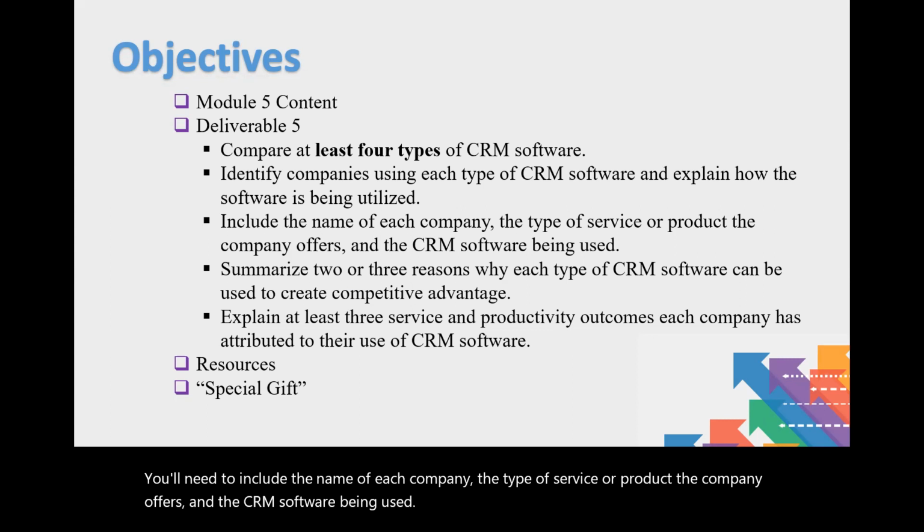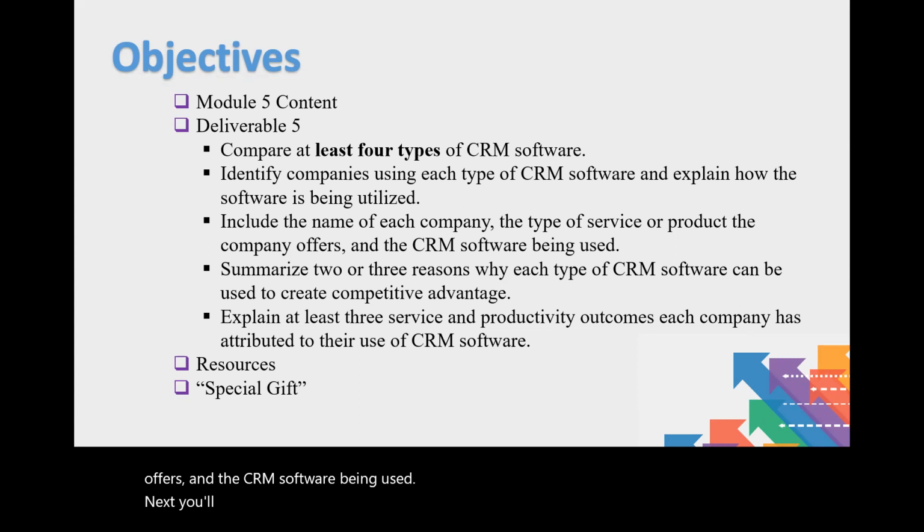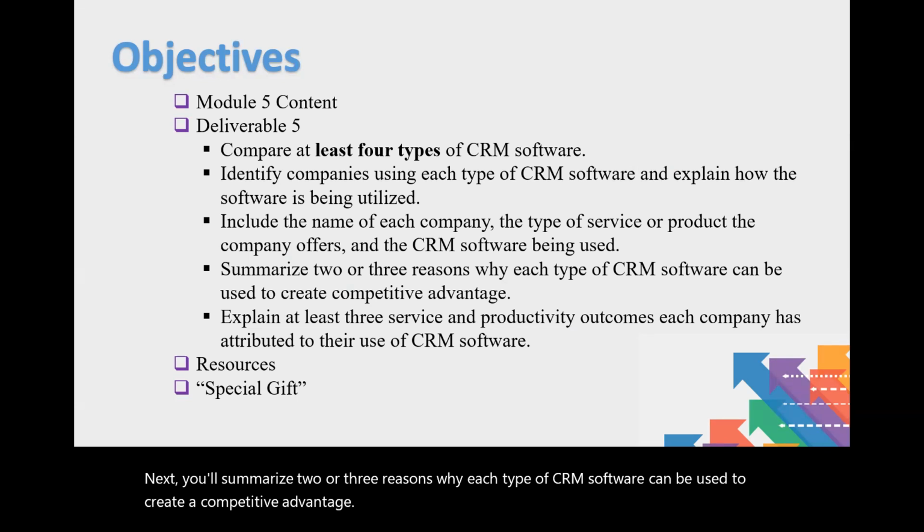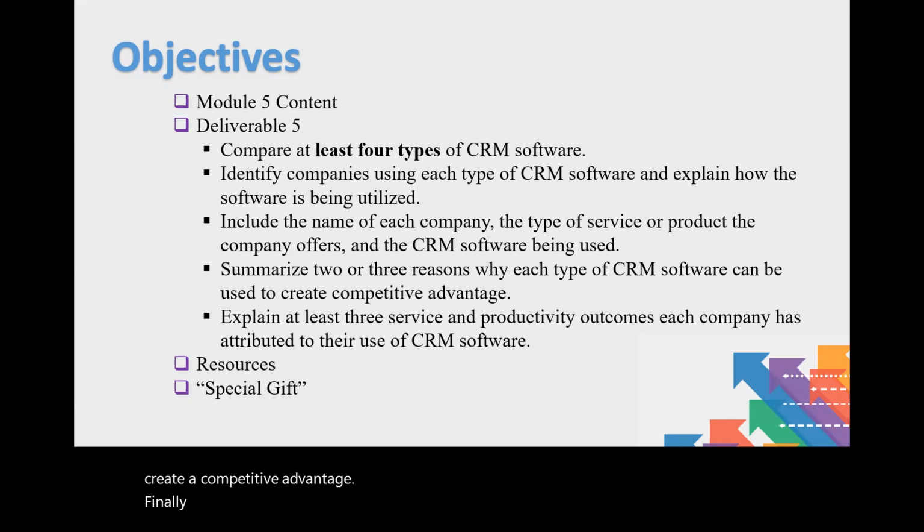Next, you'll summarize 2 or 3 reasons why each type of CRM software can be used to create a competitive advantage. Finally, explain at least 3 service and productivity outcomes each company has attributed to their use of CRM software.